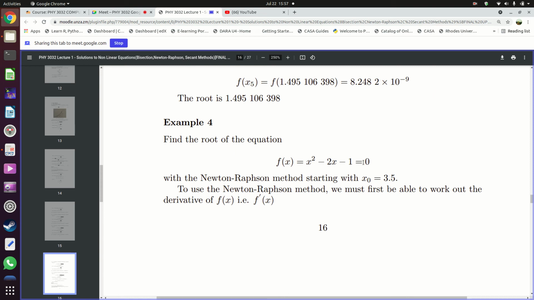Now, the other thing we have said is that these methods, looking at bisection, Newton-Raphson method, and other things, you can use also even in a case where it's possible for you to work out something by pen and paper.